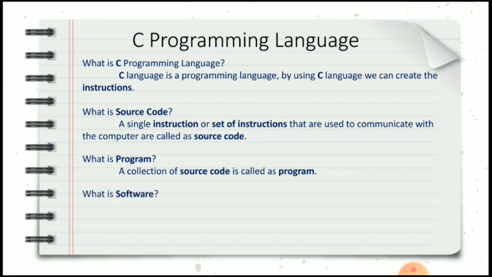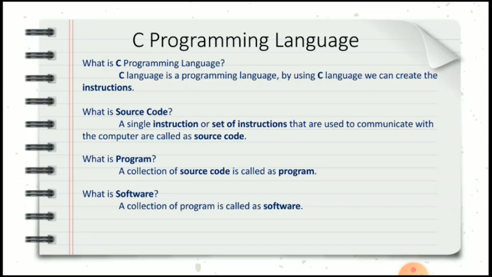What is software? A collection of programs is called software. So if you combine a number of programs, we can create software. So basically all the softwares which we use will have a number of programs.